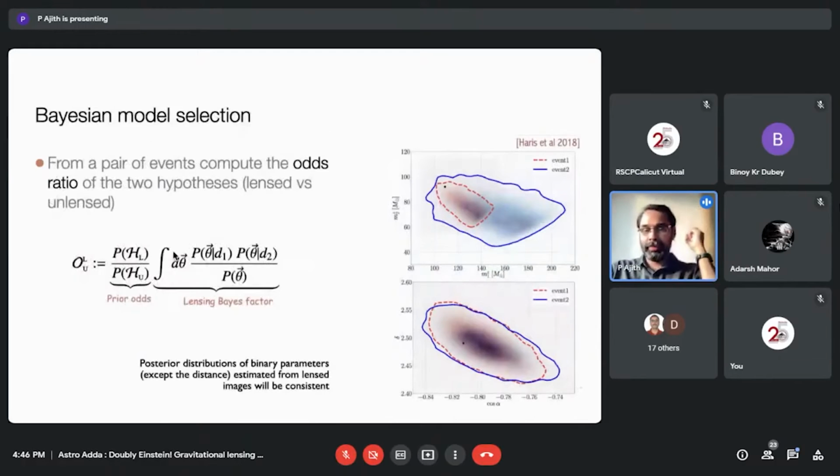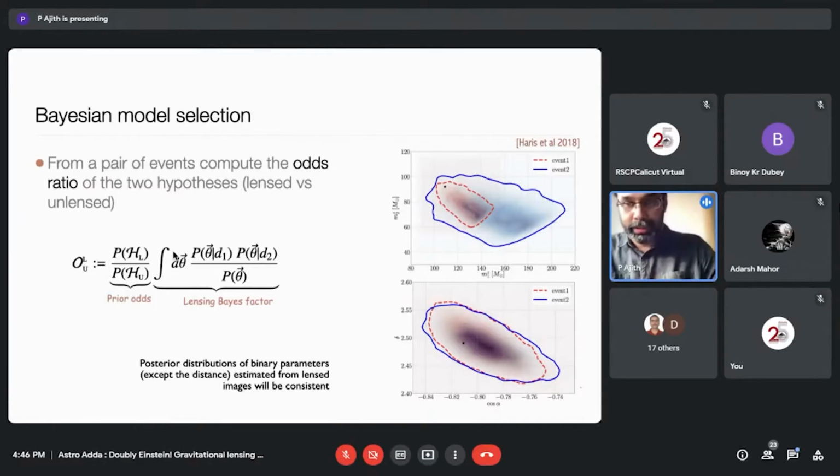And this is a much harder problem, unlike in the case of electromagnetic observations, because of the weakness of the gravitational waves. The signal to noise ratio that we are getting in the measurement of gravitational waves is very modest. As you know, it's very different from electromagnetic astronomy. So one has to develop some fairly sophisticated statistical techniques, and one such technique is called Bayesian model selection.